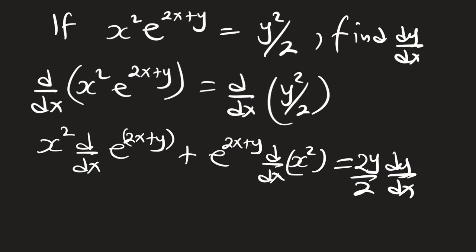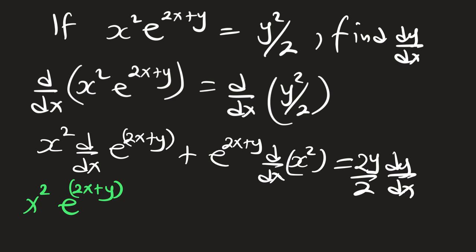So let's take the derivative of the left hand side. We have x squared e to the 2x plus y. When you are taking the derivative of an exponential function, you take the derivative of the exponent and then multiply.